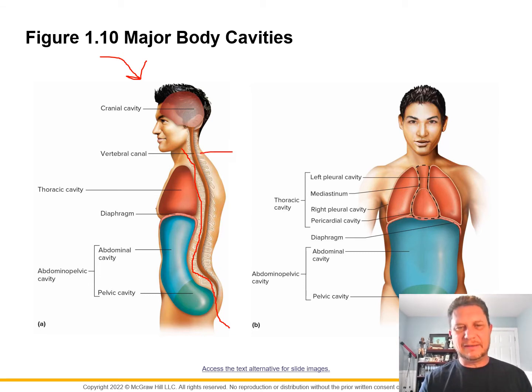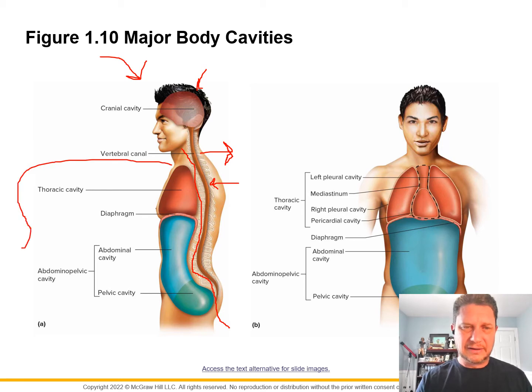I have a posterior dorsal cavity, which means back, things to the back, that consists of the cranial cavity and vertebral canal, or like we say, spinal cavity. And then we have this entire area here called the anterior or ventral cavity that is broken up into the thoracic and abdominal pelvic cavity.